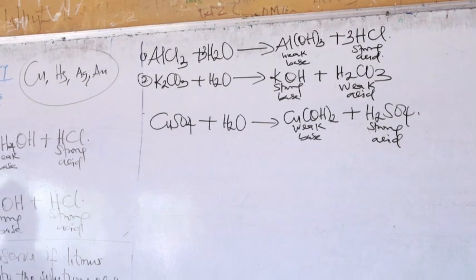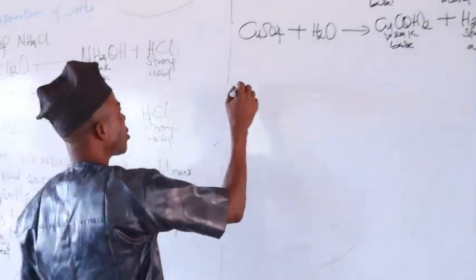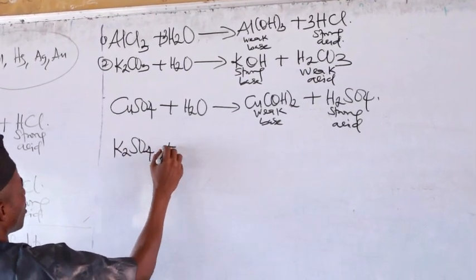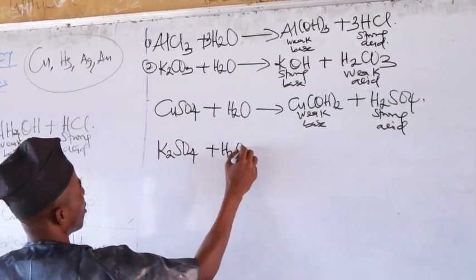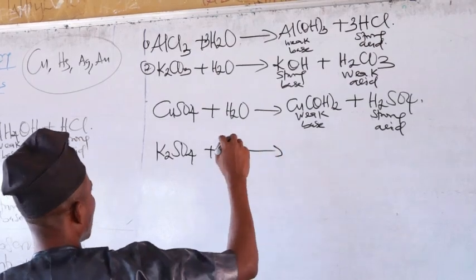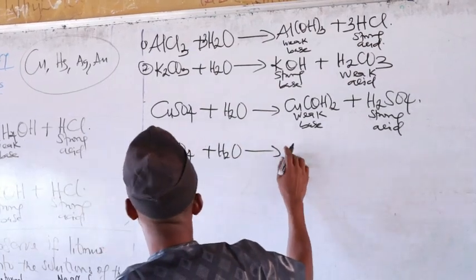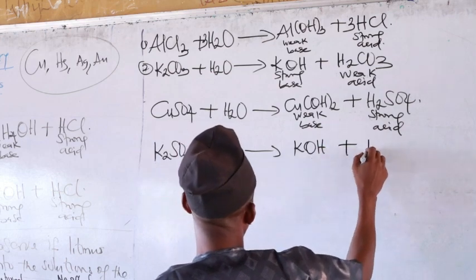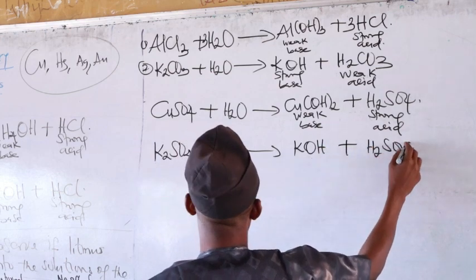Then we'll move on to the next one. Hydrolysis of potassium tetraoxosulfate. This will give us potassium hydroxide and what? H2SO4.